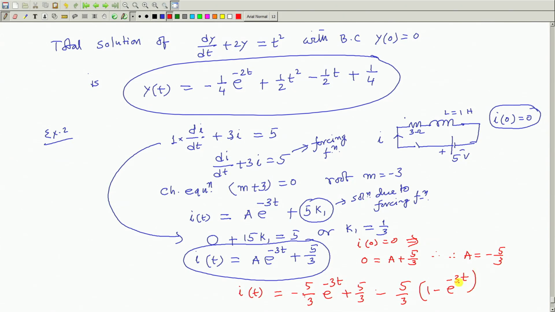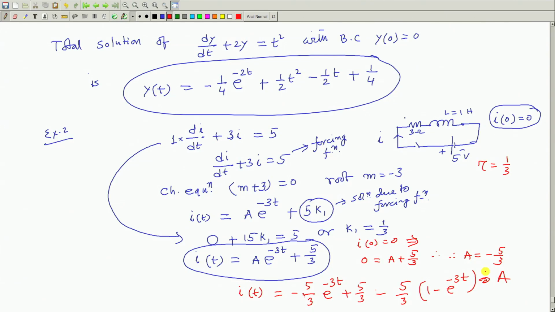For the RL circuit, the final current is 5 by 3 for this circuit, and the time constant is 1/3. That is all, 1/3 is the time constant. Therefore, you get the same solution very quickly.